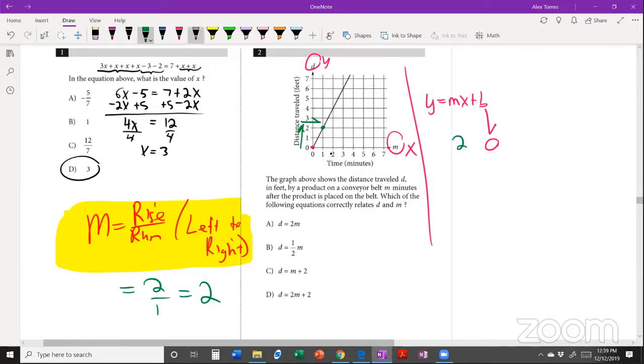So we just found out that the slope is 2. So y equals 2x plus 0. Now in the letters of the problem, the y that they gave us is d, and the x that they gave us is m. So we can easily take that y equals 2x and turn it to d equals 2m. And the answer for number 2 is A.